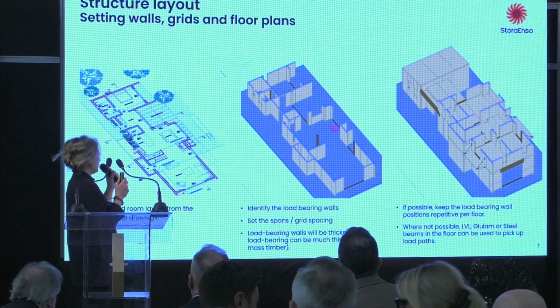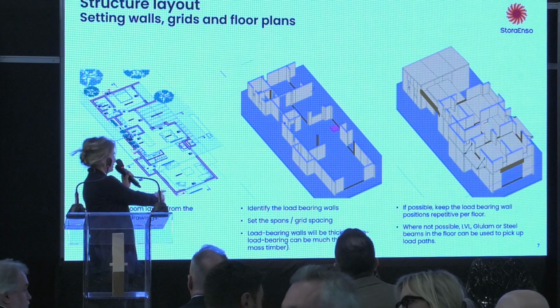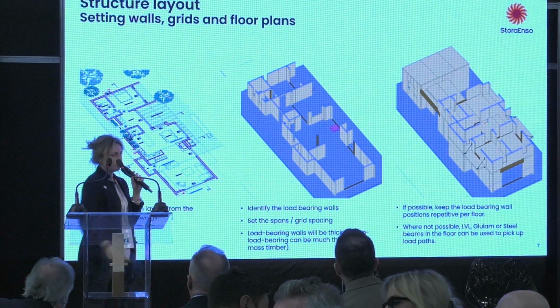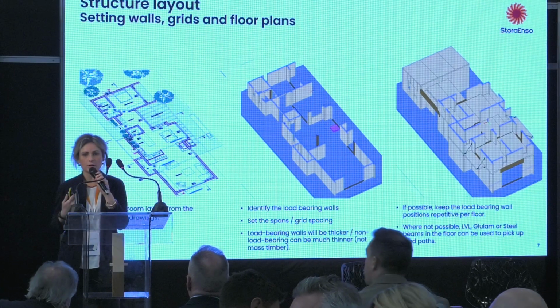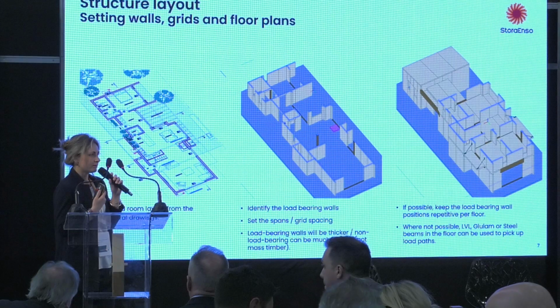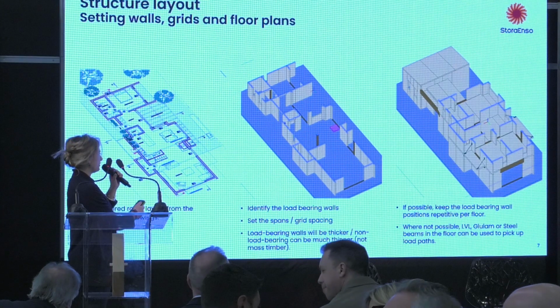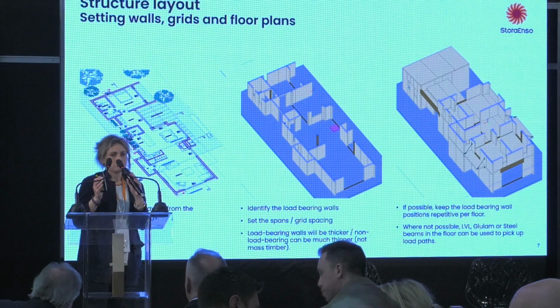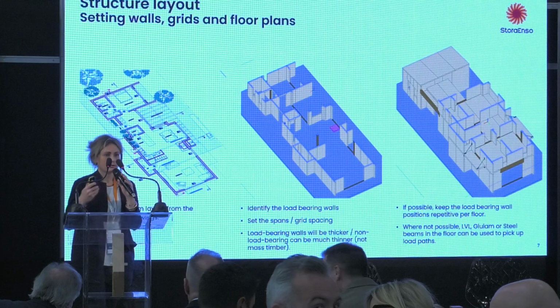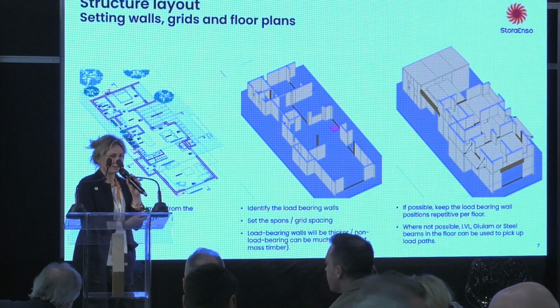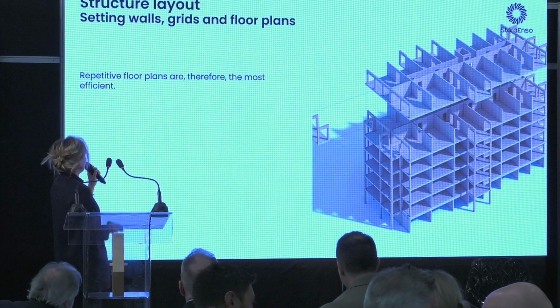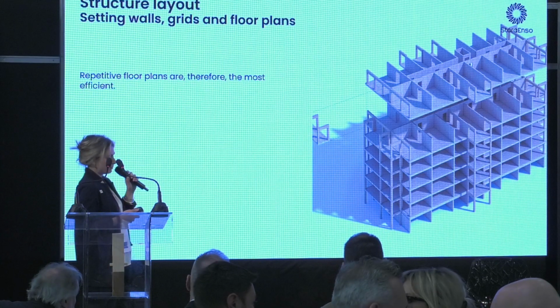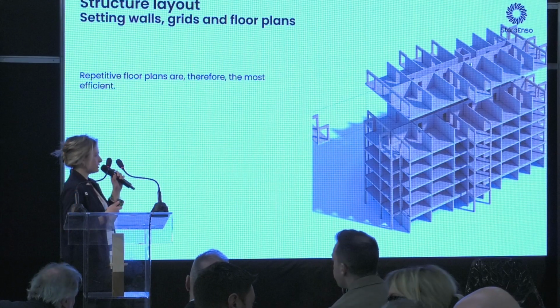Of course, in the final thickness of the external wall, you always have to consider the external insulation of the house. So it means that you have to place the CLT panel some centimeters offset from the external line. As I said, repetitive floor plans are the most efficient.